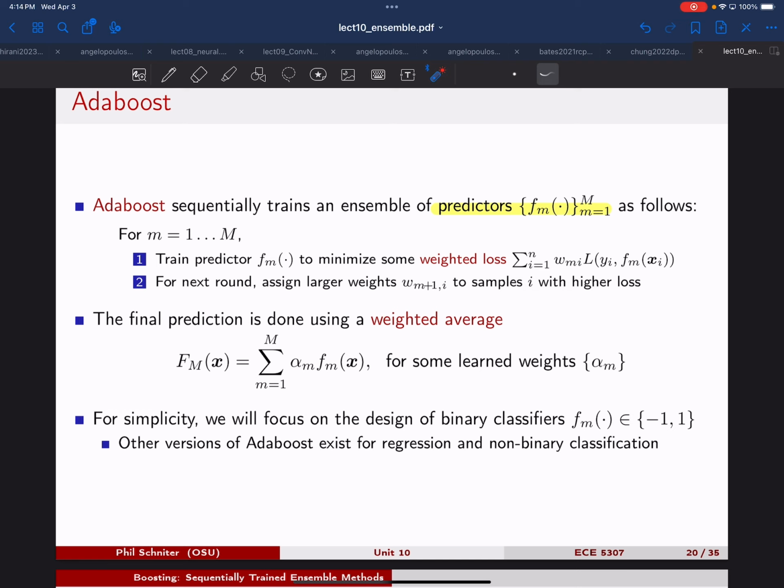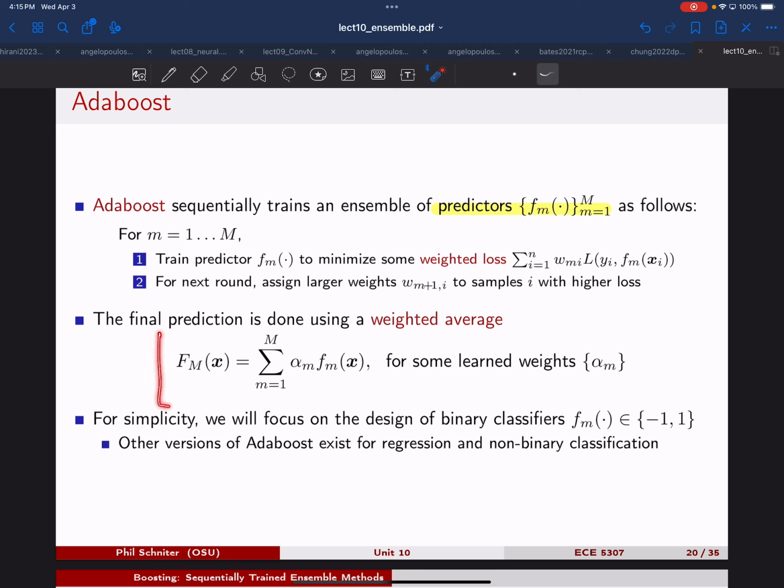Then you evaluate how that predictor worked on your training data, and you set the weights for the next round based on if this previous boosted predictor didn't do as well. You up the weights on those samples. You say, these are more important. We're having trouble with these. Let's focus more on these samples.